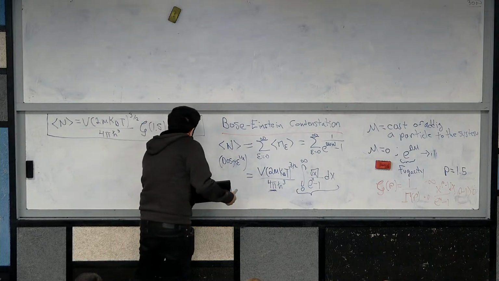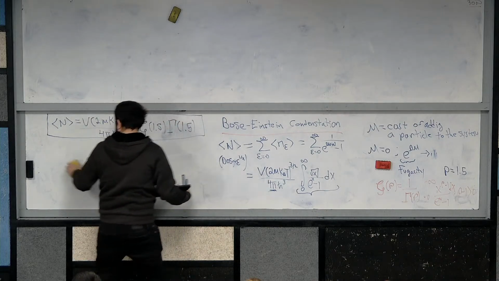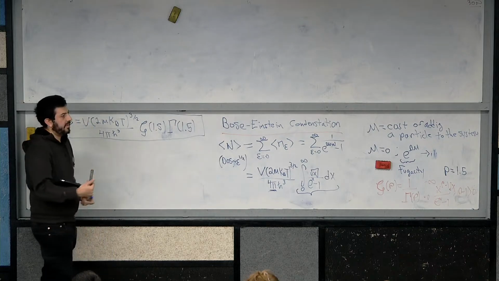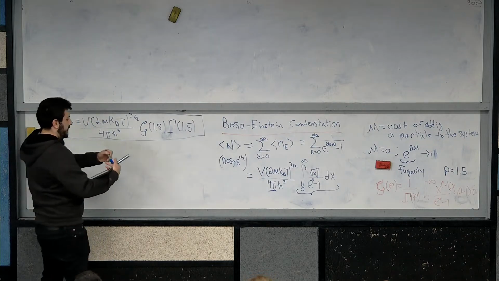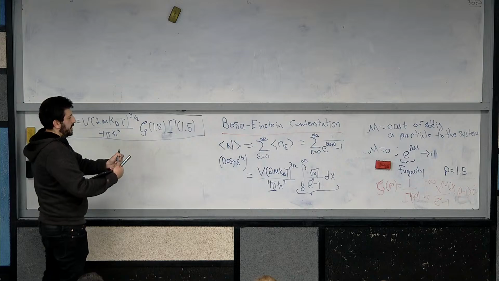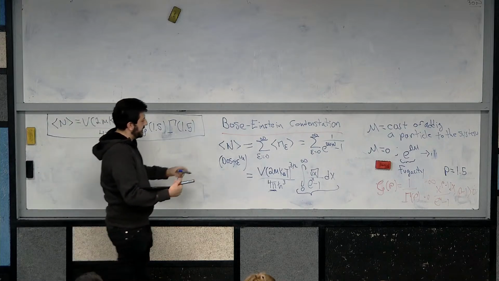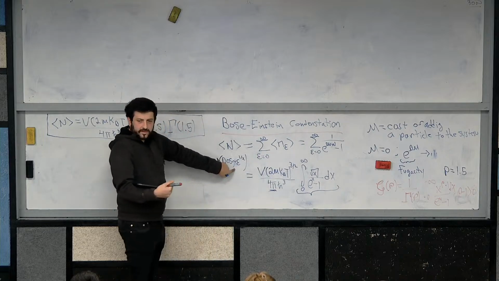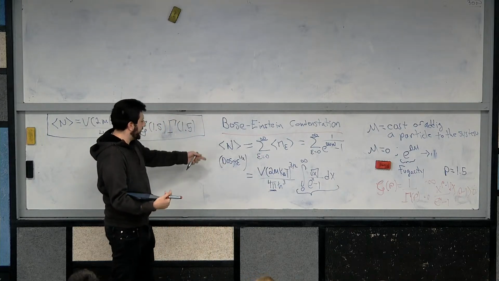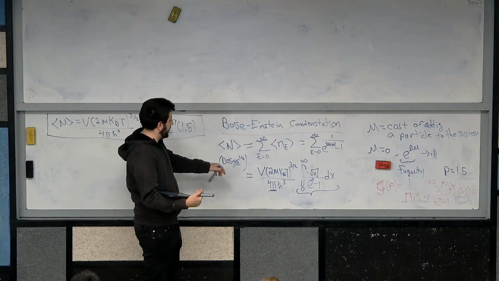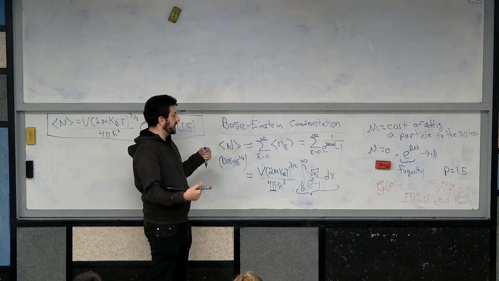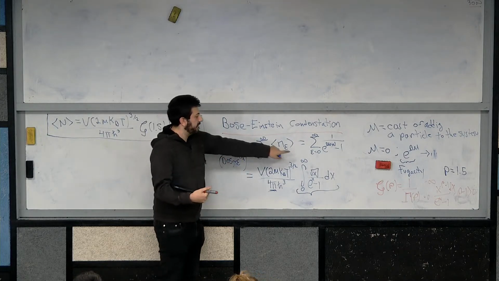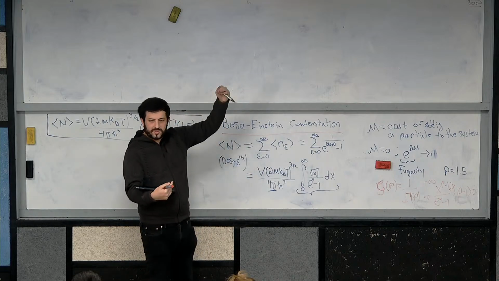So what do we do instead? So we plug in this density of states, right? This epsilon to the 1/2. The real density of states is that this is true when the states are above 0, but at 0 we have a huge density of states.